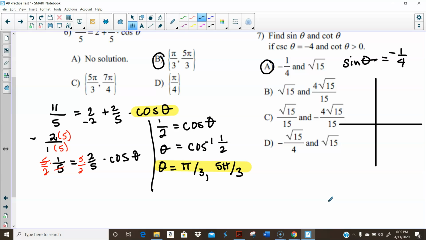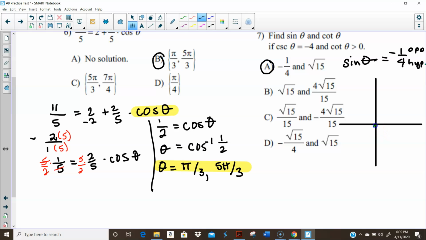If you want to figure out cotangent, then you would need to draw sine theta. This is opposite over hypotenuse. And we know we're going to be in the third or the fourth quadrant because the sine is negative, but the cotangent is greater than 0, which is positive.